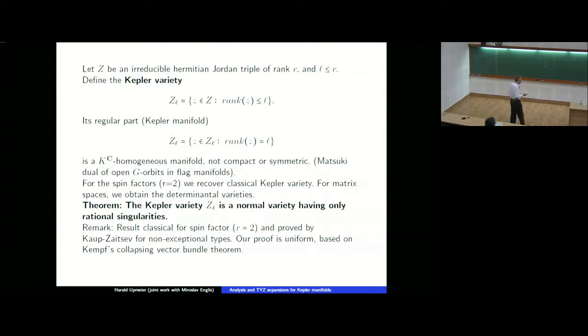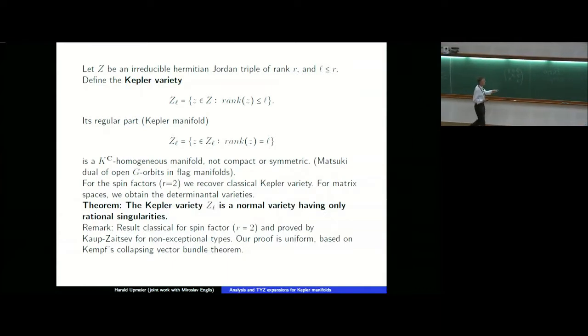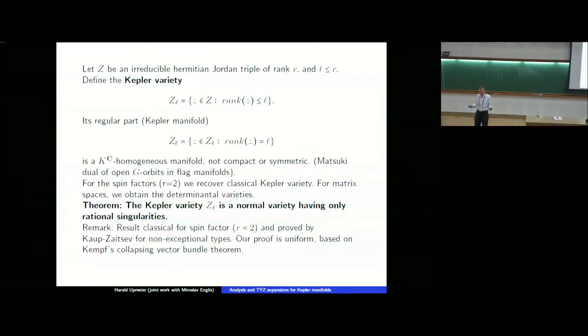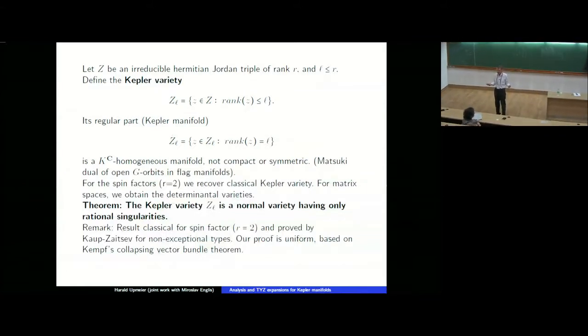Now, here comes the first high-level observation, not my observation, but the so-called Matsuki duality. If you have a flag manifold, let me just write this, GC mod a parabolic subgroup, that means it's a compact, homogeneous complex manifold. Then the group G, not GC, GC is transitive, of course.